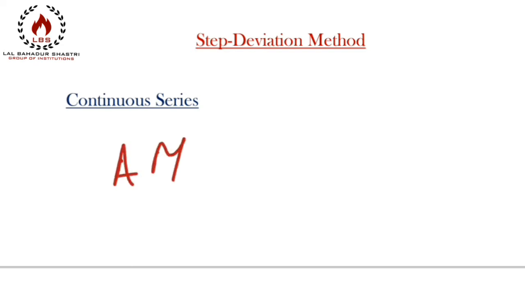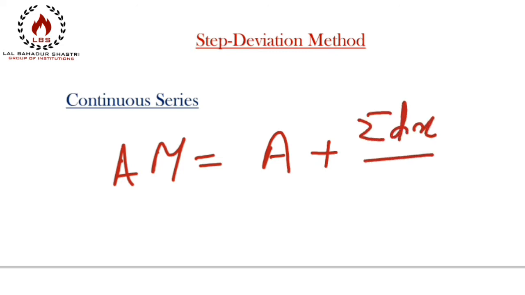Arithmetic mean is equal to A, that is the assumed mean, plus sigma f dx upon sigma f. The formula will be the same when you move from the shortcut method to the step deviation method, but there is a slight difference. Here it is dx dash and you multiply it by i, or you can say c.